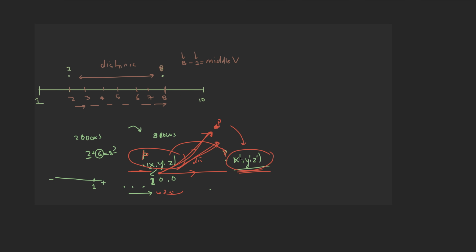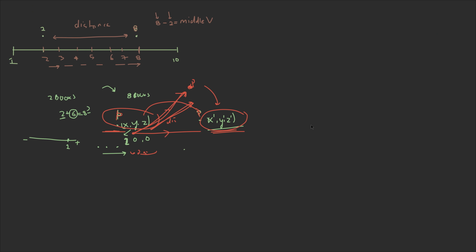So in this example, I will make it more clear. Let's say your point is here, and this is the origin, this is 0, 0, 0, and this is your final P where you want to get.